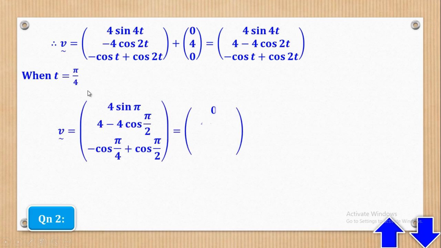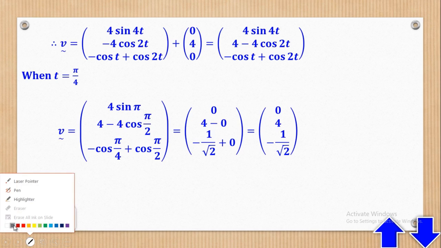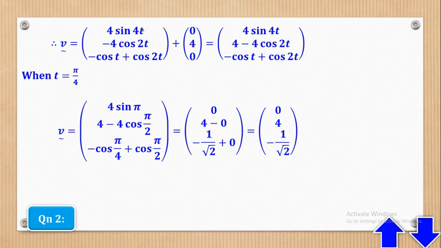So when I set my calculator in radians and I substitute pi over 4, pi over 4 times 4 gives me pi, then pi over 4 times 2 gives me pi over 2, then pi over 4 times 2 here gives me pi over 2, then here pi over 4 remains pi over 4.